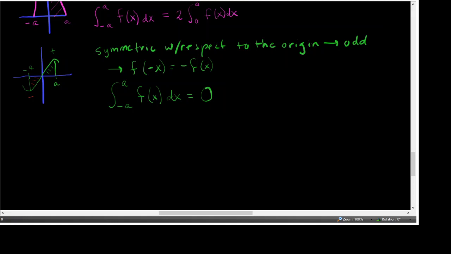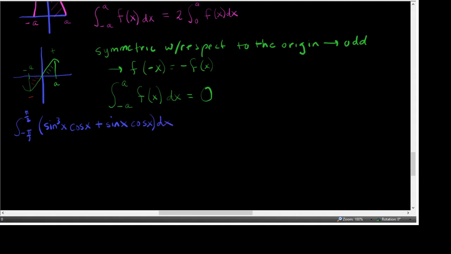So the example that we have is the integral from negative pi over 2 to pi over 2 of sine cubed x cosine x plus sine x cosine x dx.